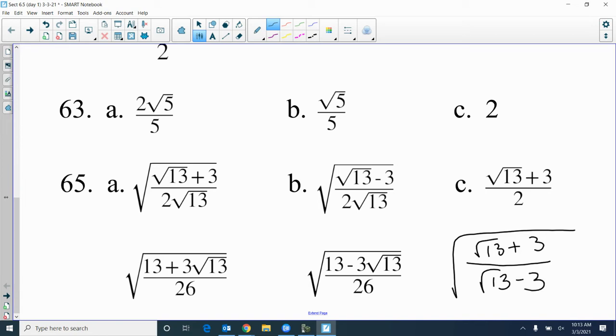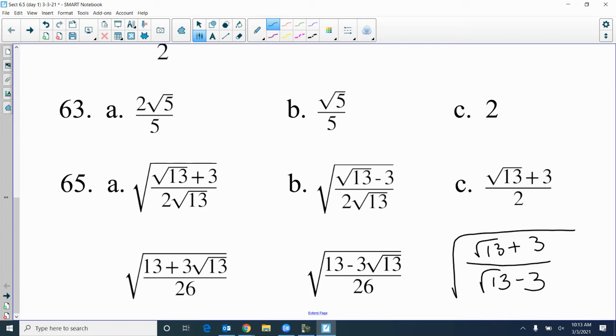I think they have that for the tangent, because if you did the sine over cosine with that, you could end up equaling that. The back of the book had a different answer. Yeah, it was 13 plus 3 square root of 3, and then 13 minus 3 square root of 3.